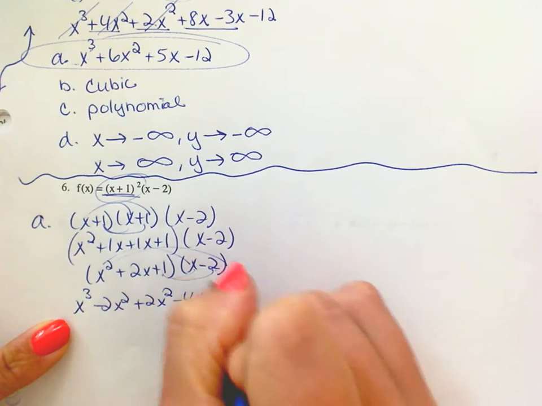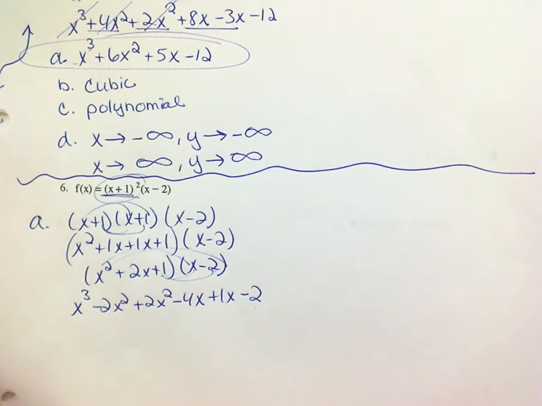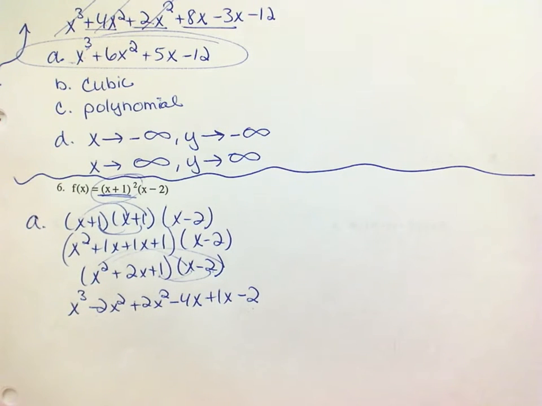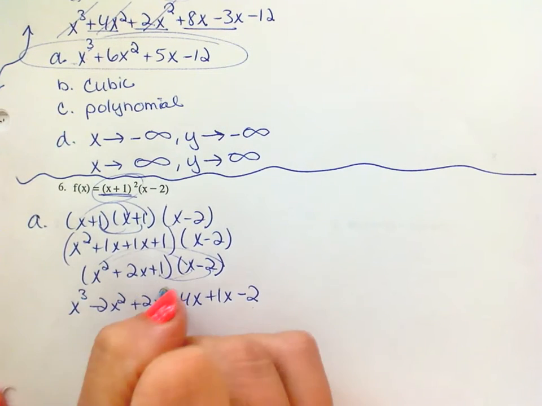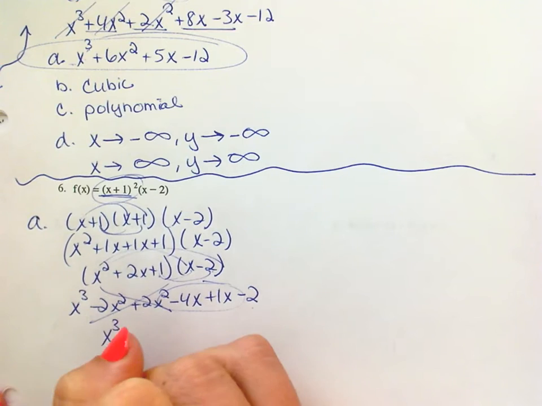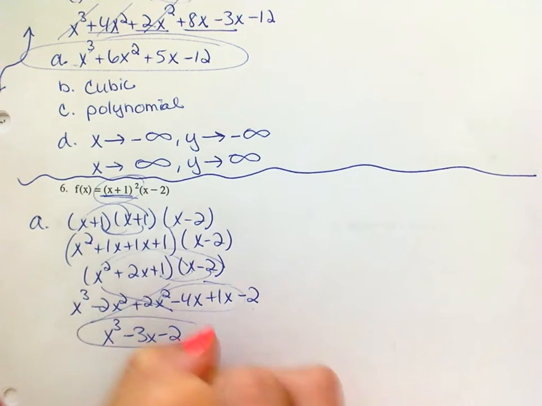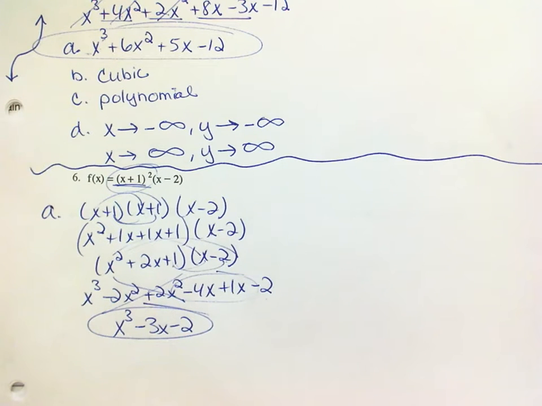And if I distribute the 1, plus 1x minus 2. This is nice. Cancel those. Combine those. And we've got x cubed minus 3x minus 2. That's your answer for part A. That's your standard form.